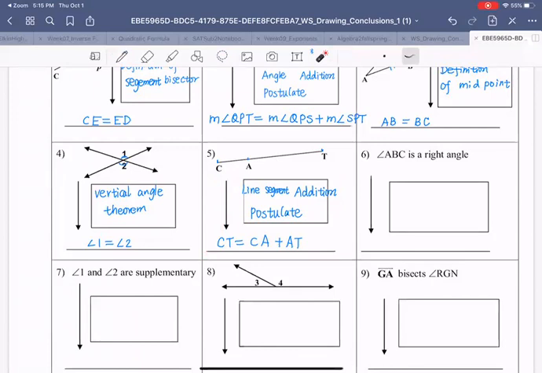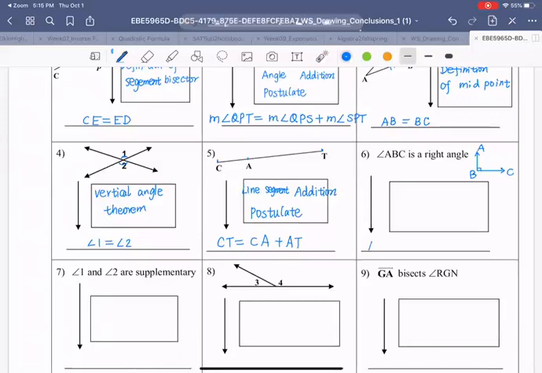Okay. Now, ABC is the right angle. If you have trouble figuring this one out, you can go ahead and draw angle ABC. That's A, that's B, that's C. Who makes ABC the right angle? A, B, and B, C. Perpendicular lines, right? The definition of perpendicular lines.